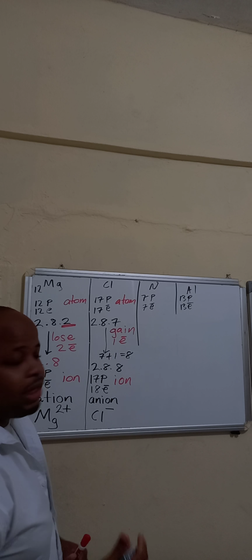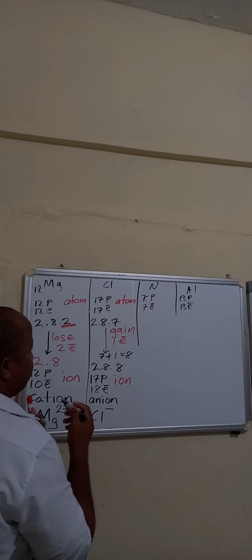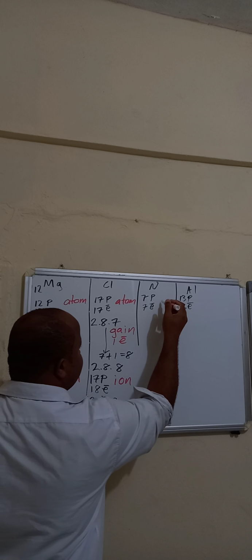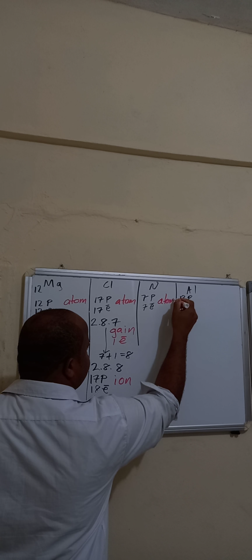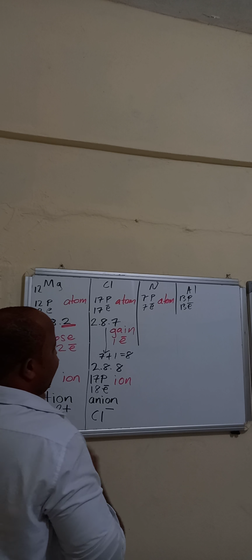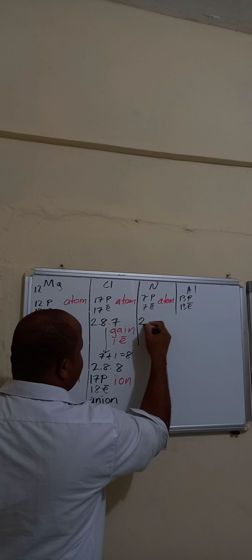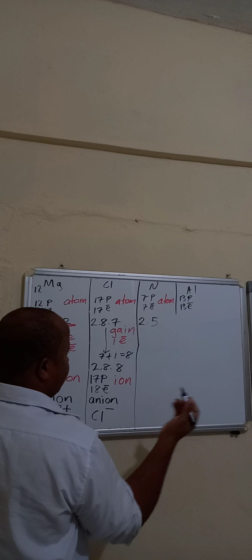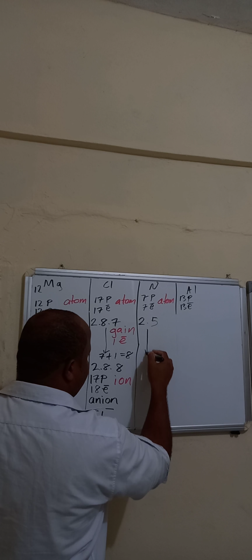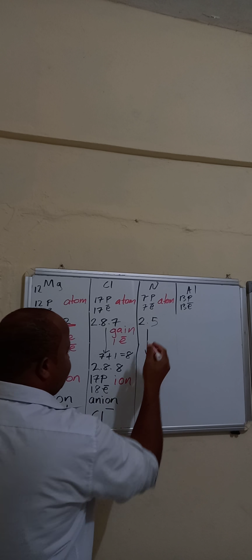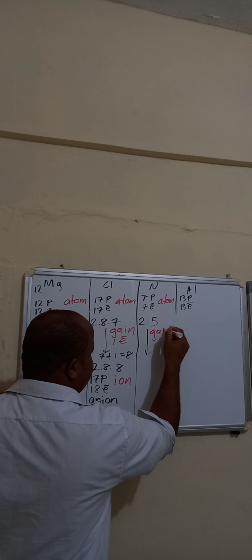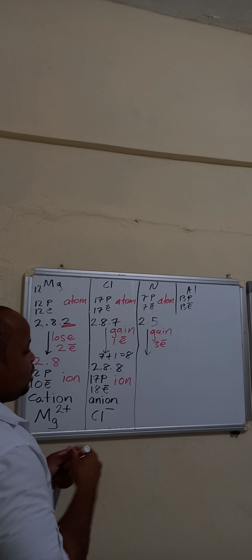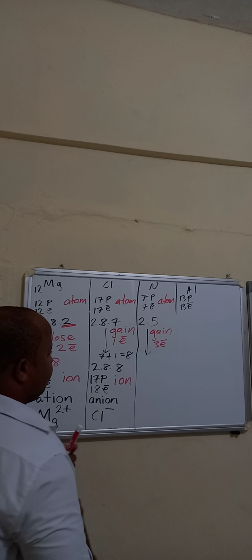Alright, so nitrogen, it has 7 electrons. So again, protons and electrons are equal, so that's the atom. The electronic configuration would be 2, 5. So if it is 2, 5, then it would want to gain 3 in order to reach 8. Now, once it gains the electrons, that is how we get the ion.